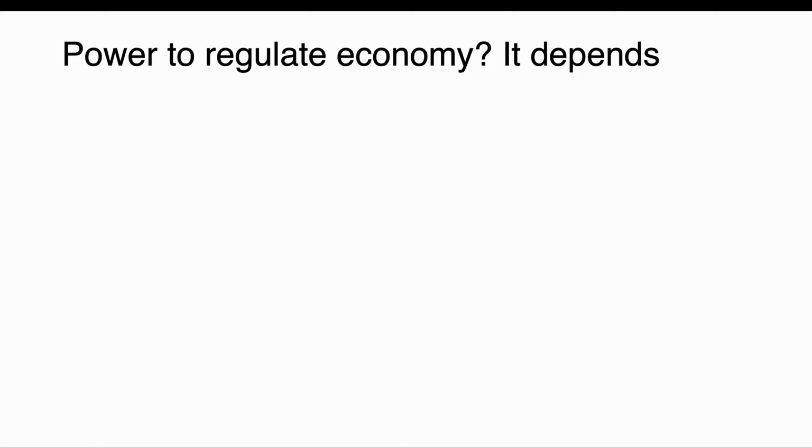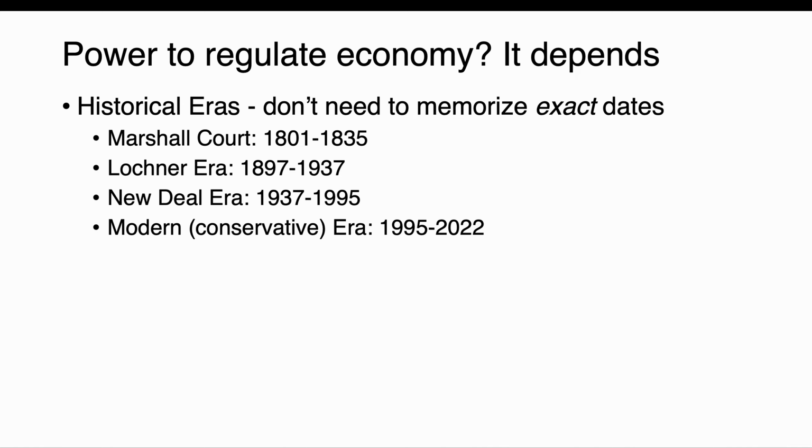Whenever you're encountering a case involving an attempt to regulate part of the economy, the amount of power that a government has depends. And the first thing it depends on is what era of the court are we talking about?